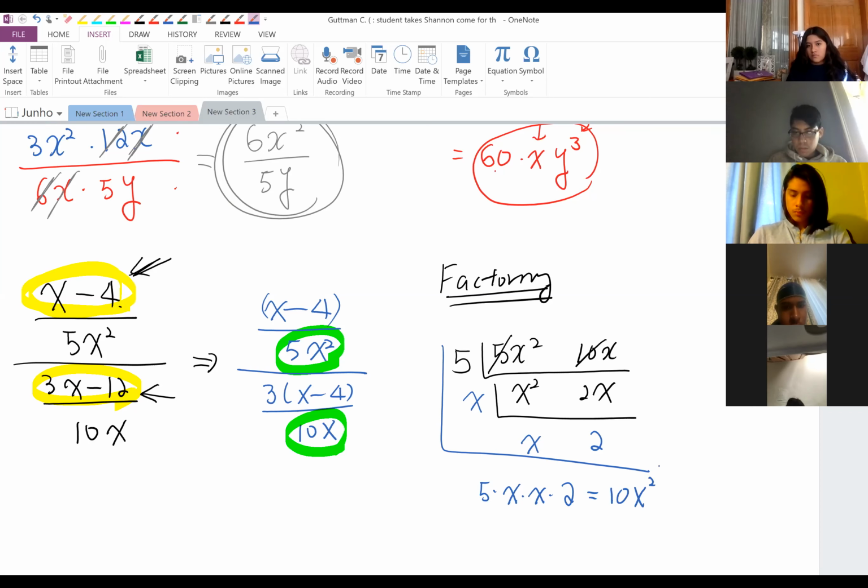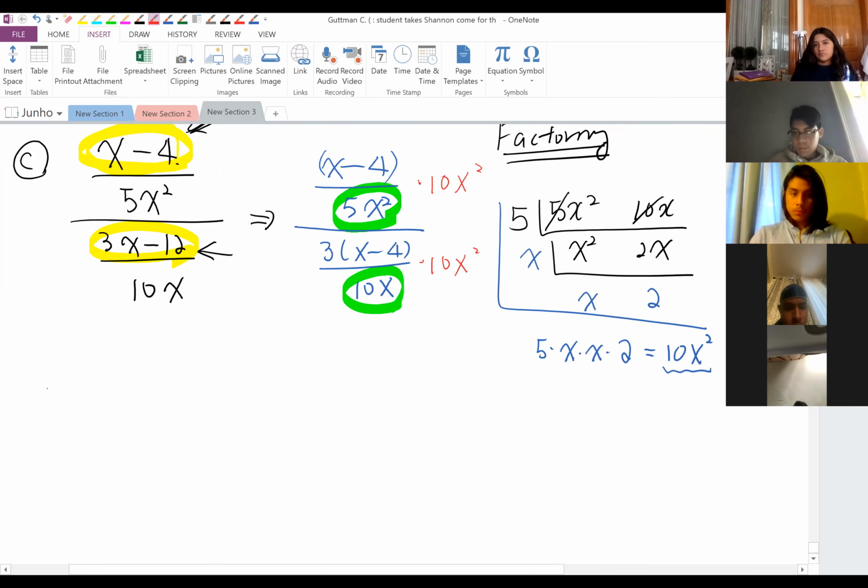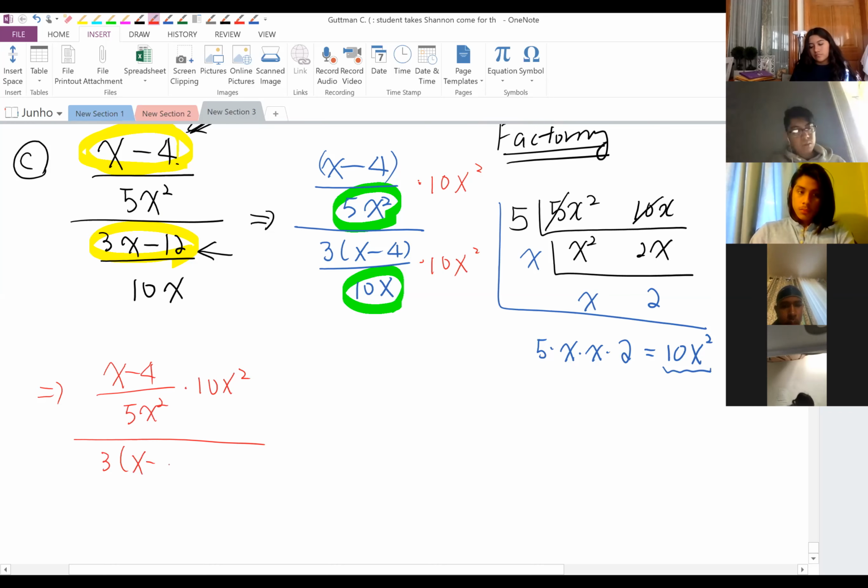Okay, then as we did all the time, we multiply common denominator to each fraction. Okay, so this becomes x minus 4 over 5x squared times 10x squared, over 3 times x minus 4 over 10x times 10x squared.